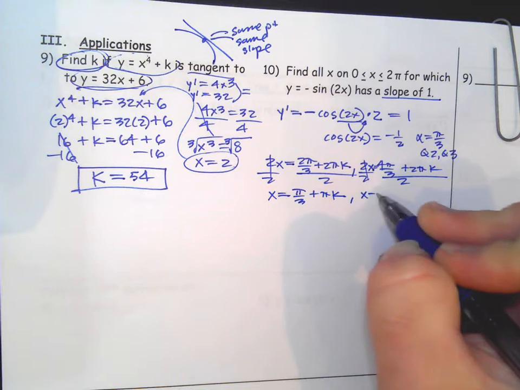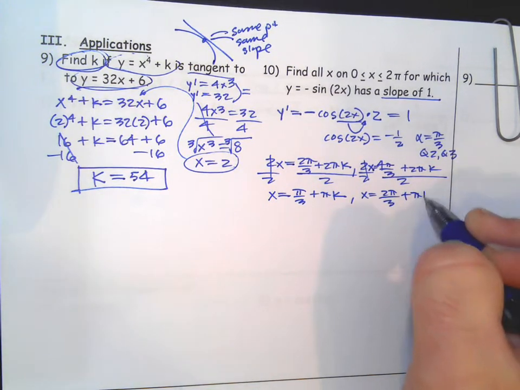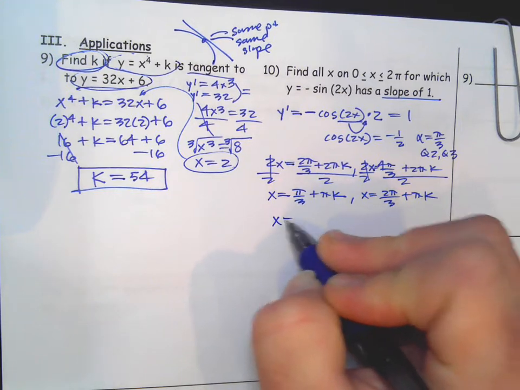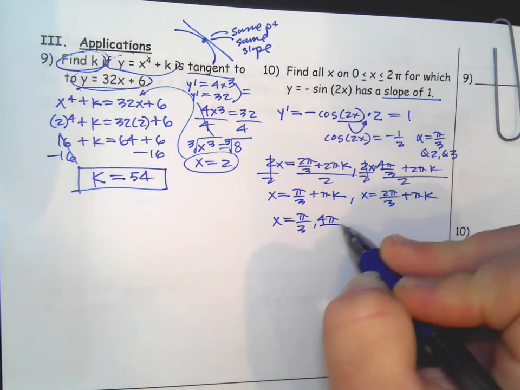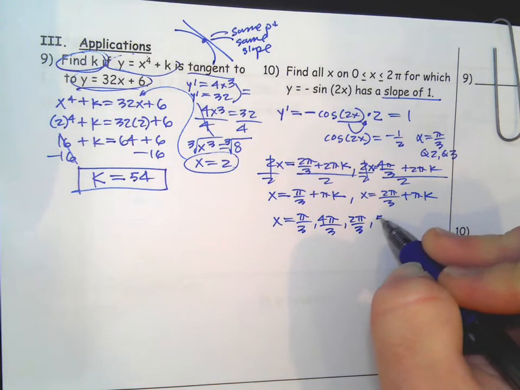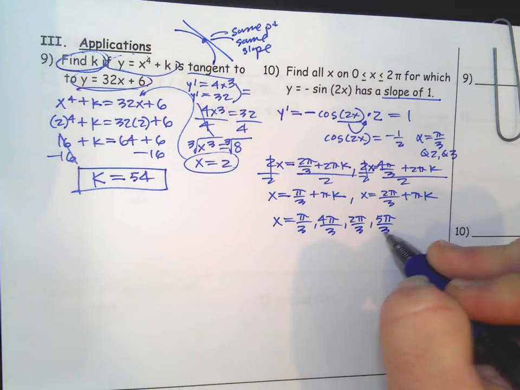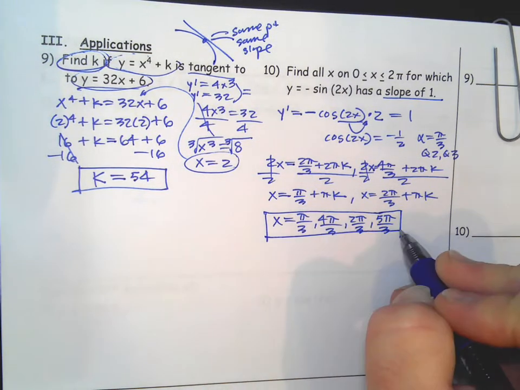And x equals 2 pi over 3 plus pi k. And so we're going to get x equals pi over 3, 4 pi over 3, 2 pi over 3, and 5 pi over 3 as x coordinates where this graph has a slope of 1.